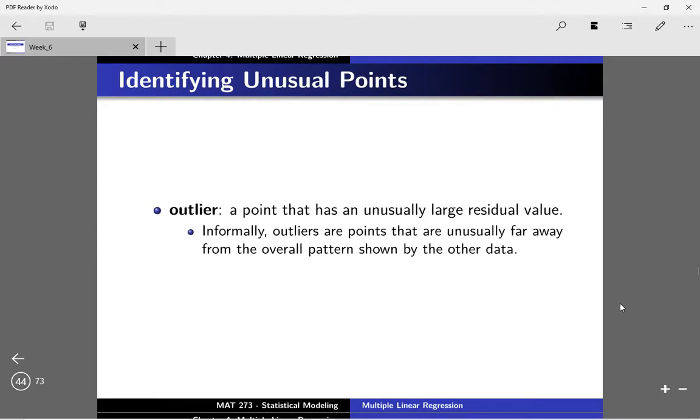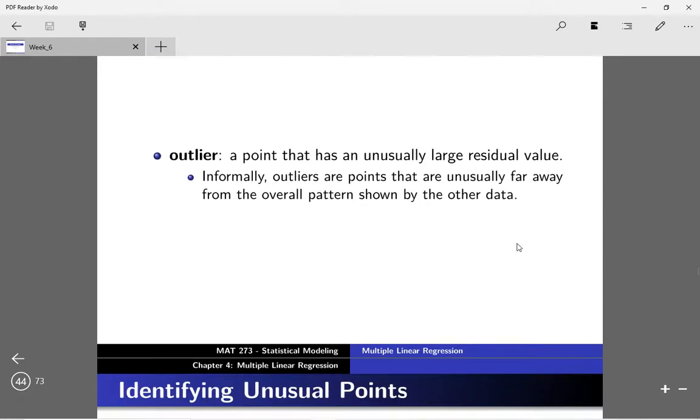In other words, it's really big in magnitude. Residuals can be negative or positive, but one that's really big in size is considered an outlier. And informally, it's a point that's really far away from our estimated regression line, from our predictions.